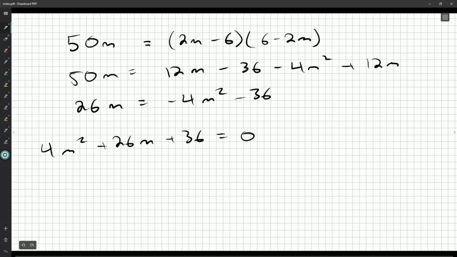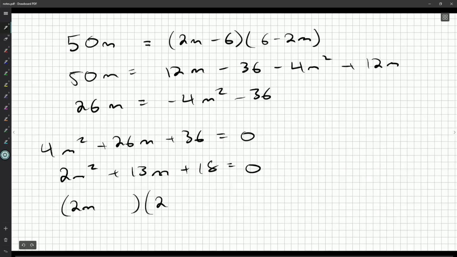I can at least divide by 2 on both sides. Now, if this is going to, it might not go to integers or fractions, but if it does, I would expect something like this. I'm going to put a 9 here, because then I can put a 2 here, because there's only so many ways to factor 18. It was probably either going to be a 3-6 split or a 2-9 split. 2 times 2 is 4m's plus 9m's does give me 13m's.